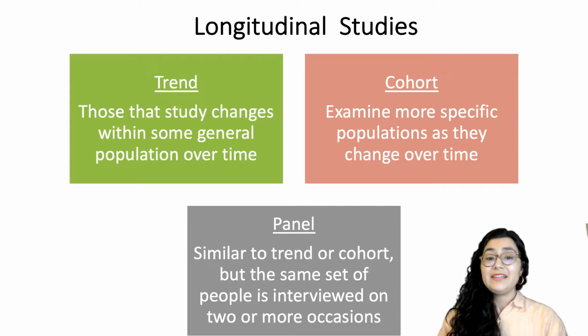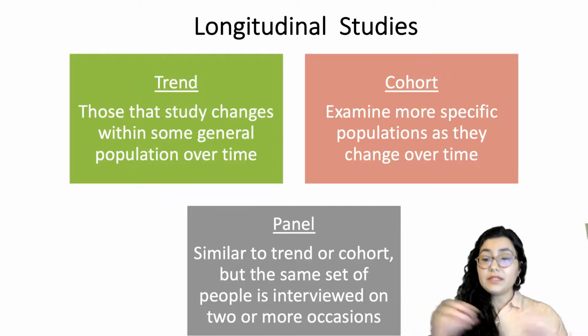So trend is those that study changes within some general population over time. And so this is what we were talking about in that we're looking over time and it's sort of like a slideshow. Cohort is a more specific population that's changed over time.